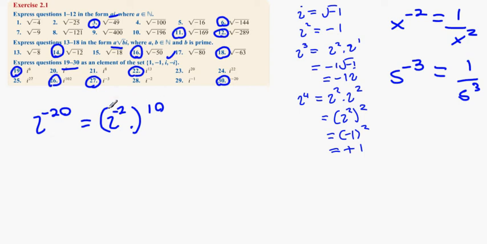Because minus 2 times 10 is minus 20, and i to the power minus 2 is 1 over i^2, and i^2 is minus 1. So 1 over minus 1 is minus 1. So it's going to be (minus 1)^10. And (minus 1)^10 equals plus 1.